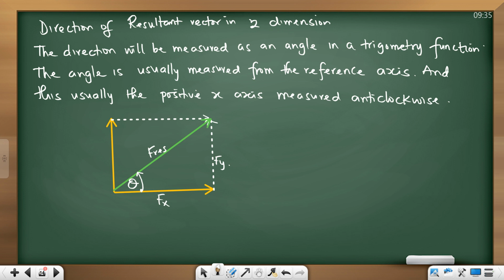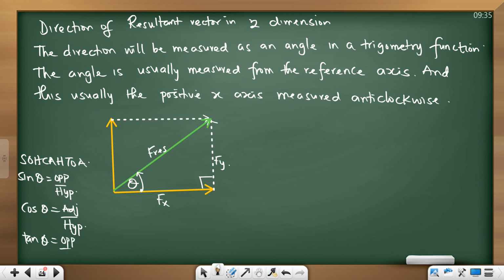Now, since this is a right angle triangle, I don't know if you guys still remember SOHCAHTOA, where sine theta is opposite over hypotenuse, cos theta is adjacent over hypotenuse, tan theta is opposite over adjacent. Now watch this.